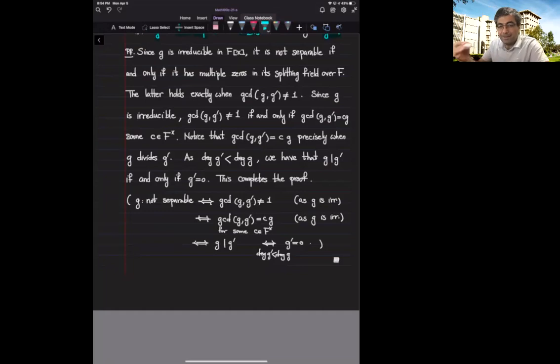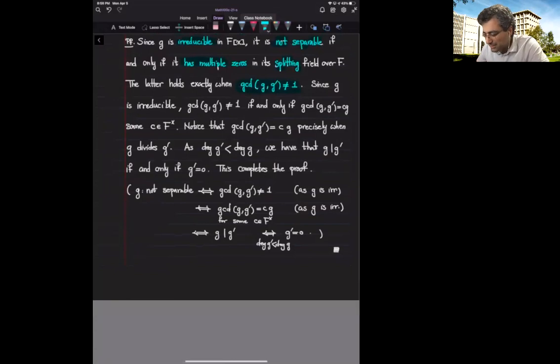Again, because G is irreducible, not being separable is equivalent to saying that it has multiple zeros in its splitting field. Now, having multiple zeros in the splitting field is equivalent to saying that the GCD of G and its derivative is not 1.